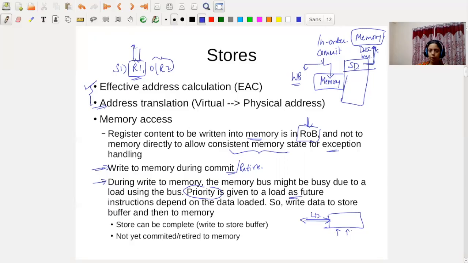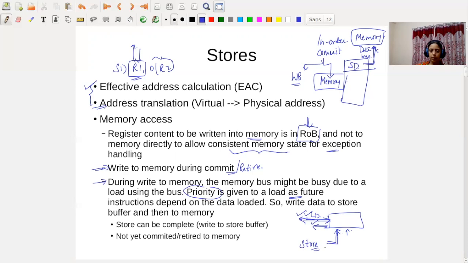The load is given priority because all future instructions dependent on this load will be stalled if this load is held up. If you do not allow this load to go ahead and perform its read from the memory, we are going to stall all future dependent instructions. Therefore, if you want to store data to the memory at the same time when the load is reading, we allow the load to proceed and the store will have to wait.